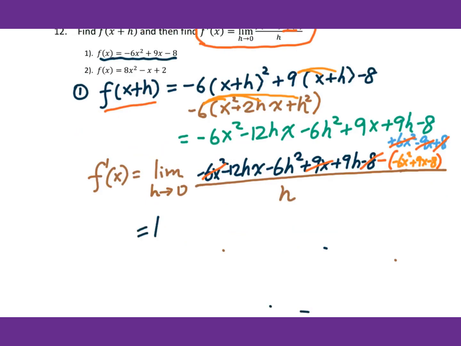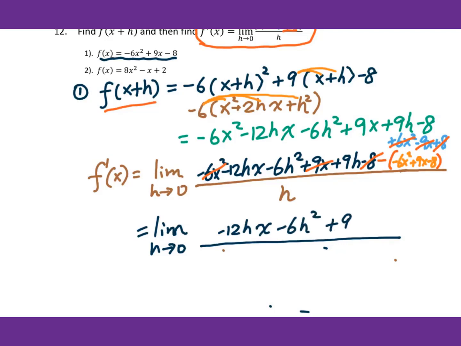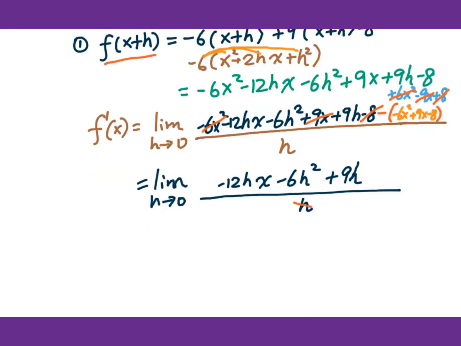Then we will get limit as h approaches 0 of negative 12hx minus 6h squared plus 9h over h. Then we reduce.